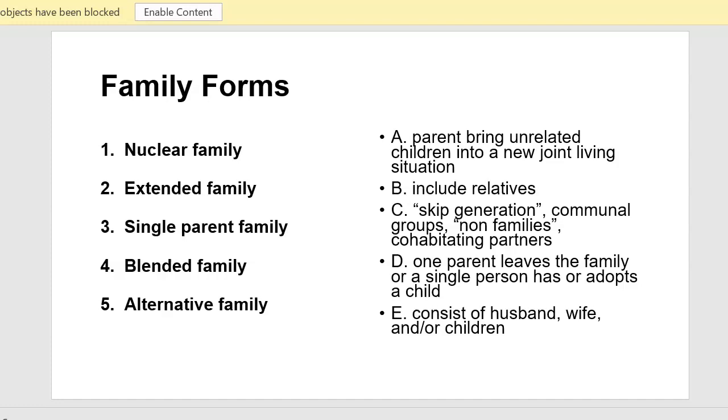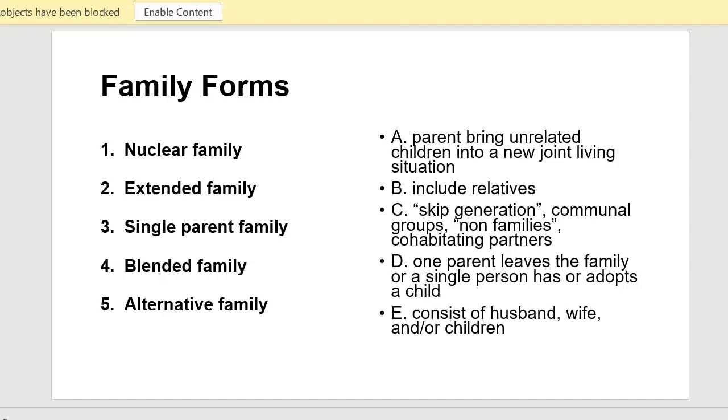A single parent family is formed when one parent leaves the nuclear family because of death, divorce, or desertion, or when a single person has a child, whether through birth, through adoption, through however. A blended family is formed when parents bring unrelated children from prior relationships into a new joint living situation.